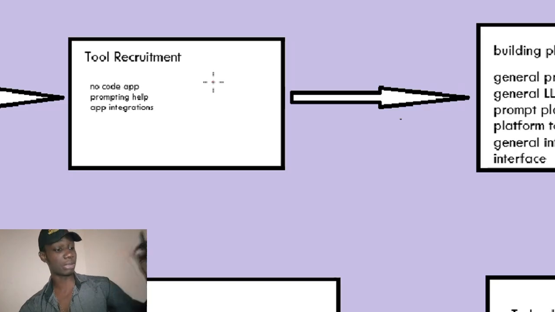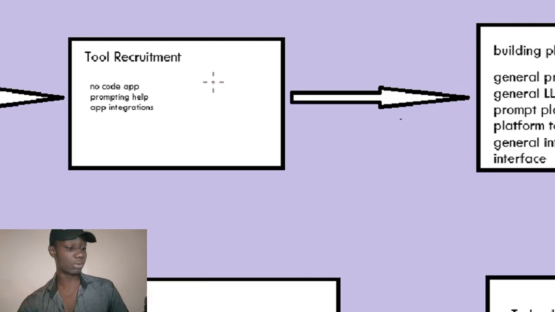The tool recruitment is where you decide what tools you're going to use. So for building Focus Flow, I used ChatGPT for prompting, because nothing's going to prompt as well as AI. Then I had Lovable. I'm not going to draw on the screen. I'm using Paint.